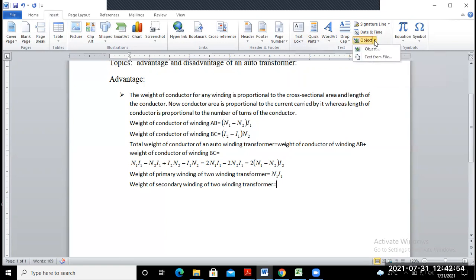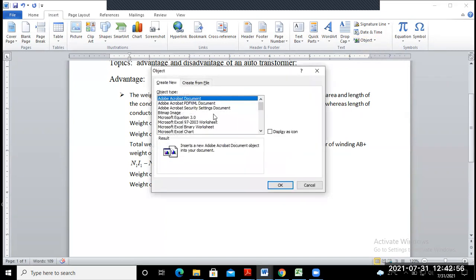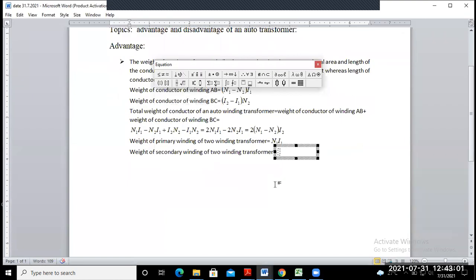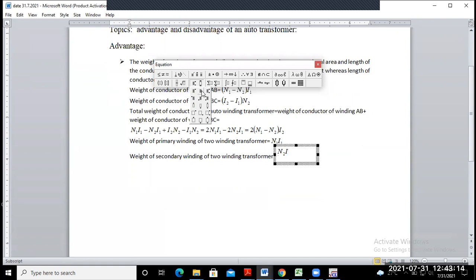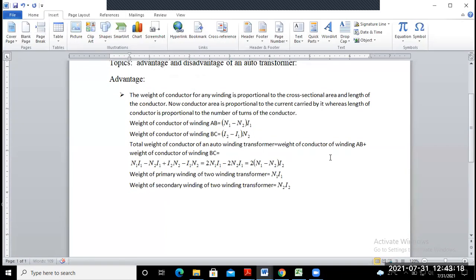Now just take the summation of these two windings. You will get the total weight of conductor of a two winding transformer. You got it? So the total weight of a two winding transformer is equal to N1 I1 plus N2 I2.